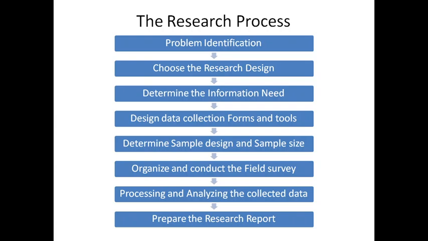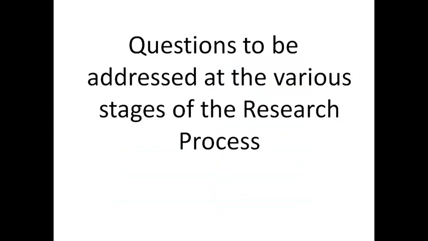After that, organizing and conducting the field survey, then processing and analyzing the collected data, and last, preparing the research report. Now, in each stage of the research process, some questions need to be addressed by the researcher.